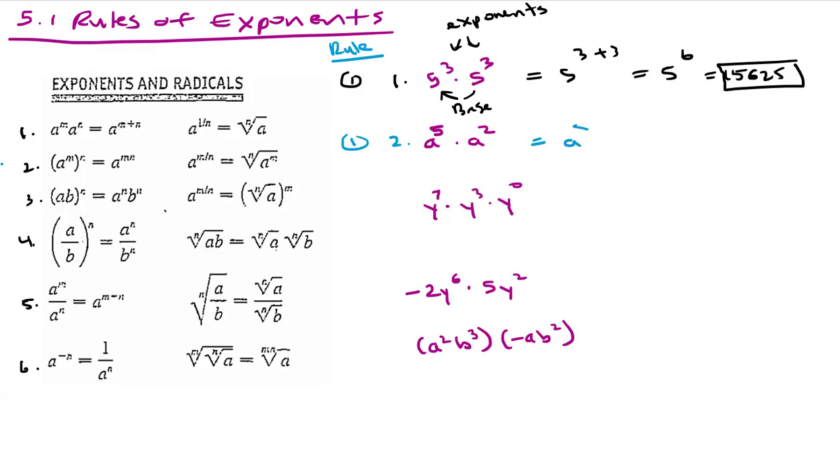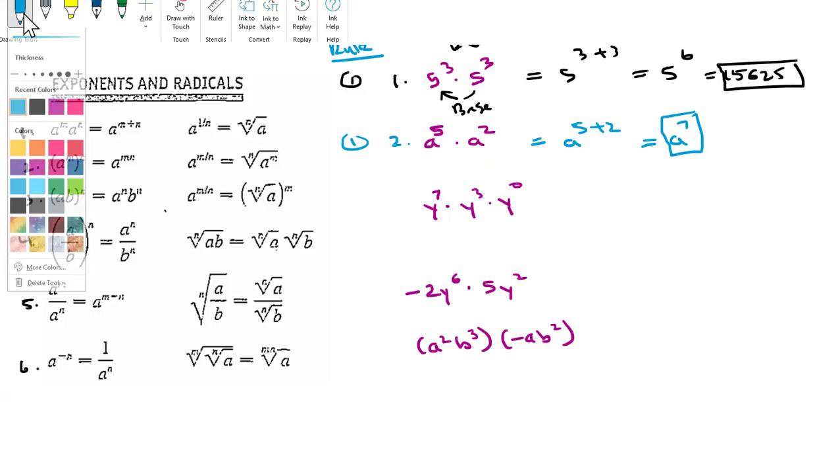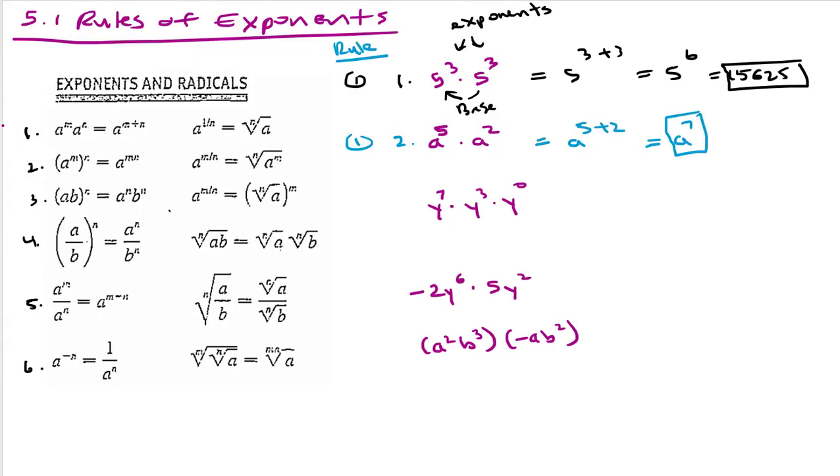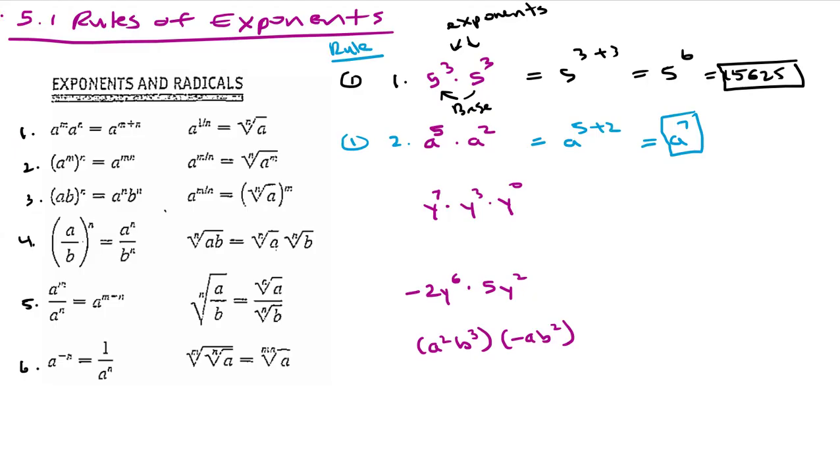That would be a to the 5 plus 2, which gives us a to the 7th power. There's nothing else I can do, so that's our final answer. Why don't you try the next one and tell me what you get.